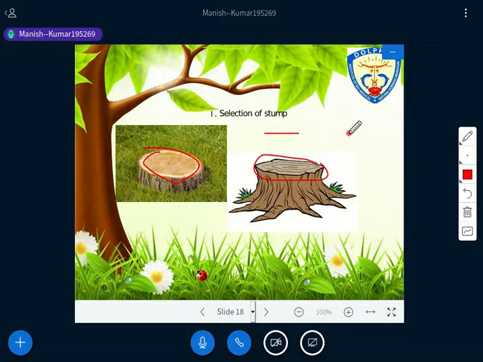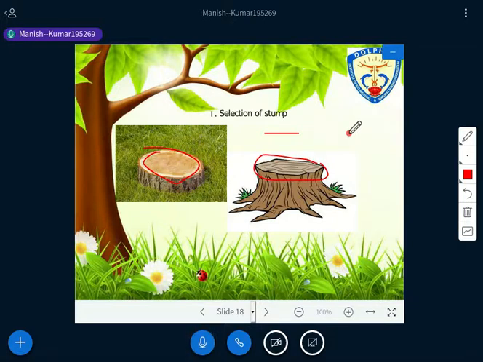Again I am repeating what you have to select. You have to select those stumps that are not in isolated condition and that are going to represent the whole crop. Second thing is that the age of that stump should be 2 to 3 years, not more than that, as per the date on which we intend to conduct the stump analysis.